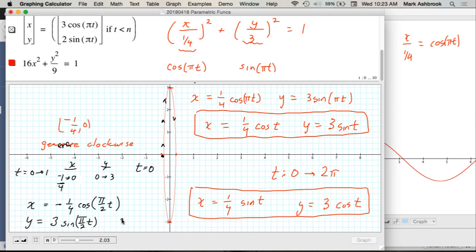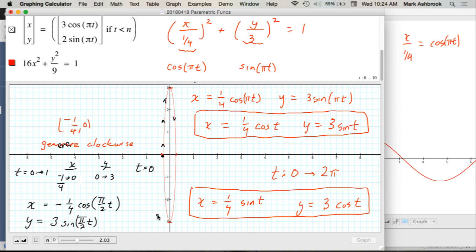And then how does that still get us the same equation of the ellipse? What happens if we do x squared, or if we do cosine and sine? What happens when you square a negative, right? It just becomes positive. So really, we can choose plus or minus cosine and plus or minus sine and assign them to x or y to have all these different possibilities of starting point and direction.